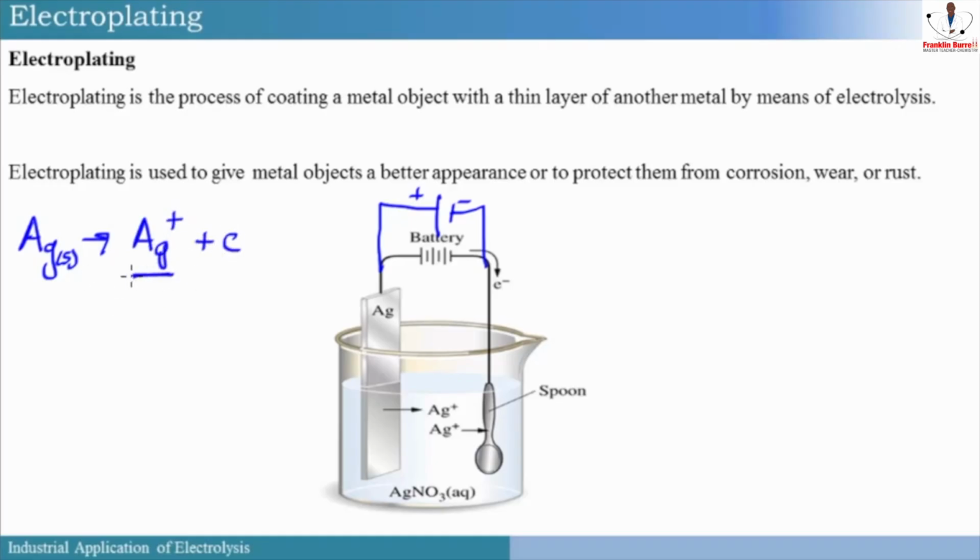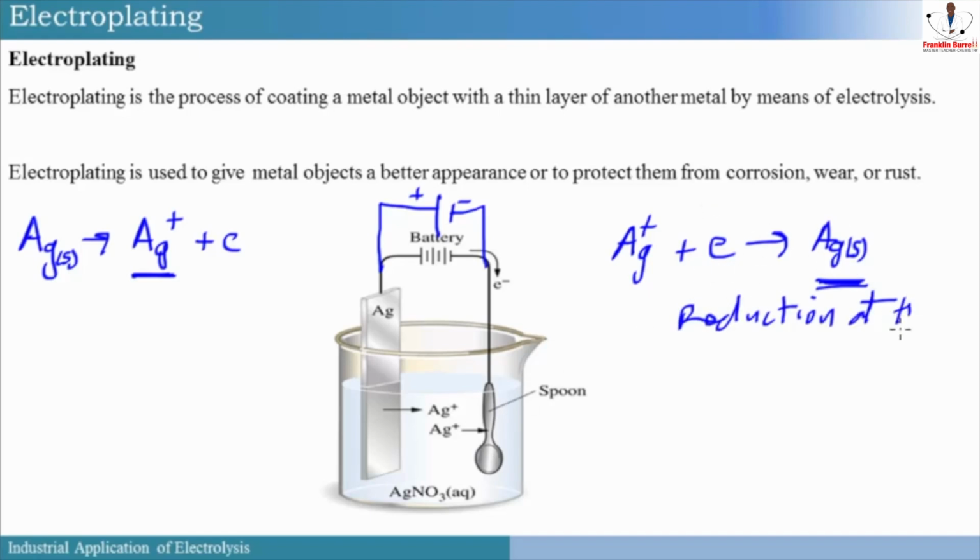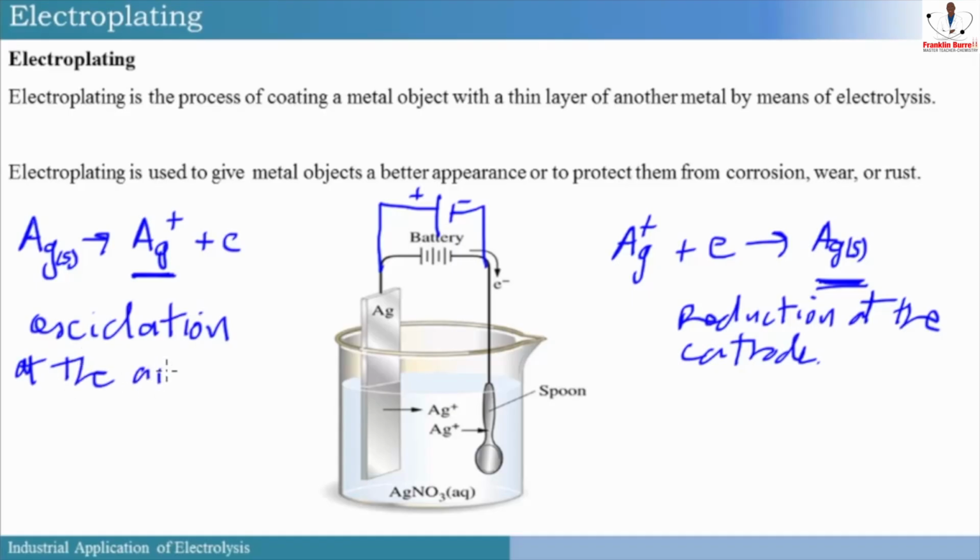And the ions will now gain electrons at the cathode to form silver solid. And this silver solid is what is formed around the spoon where reduction took place. So reduction at the cathode, while oxidation took place at the anode.